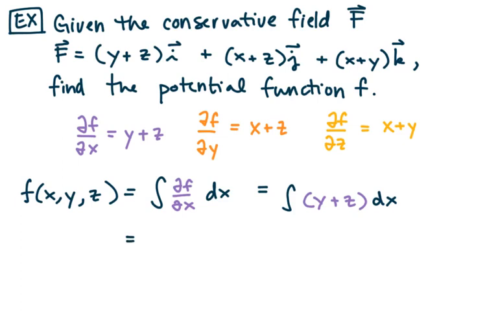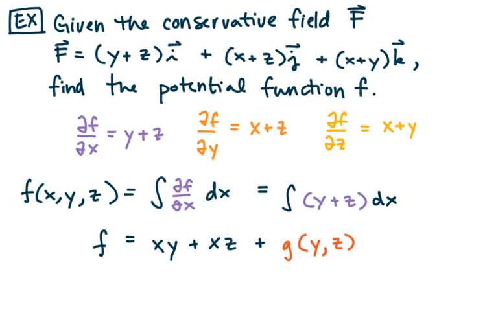Integrating that, we're going to get xy plus xz plus a constant. Now, in this case, because we've only dealt with x, this constant is actually a function of the two missing variables. So since I only integrated with respect to x, I'm going to write this a function g, and those variables are going to be y and z. So we know that this is what f is equal to.